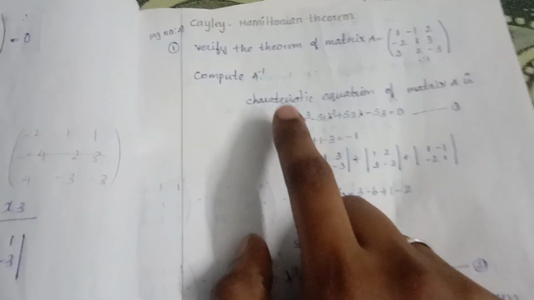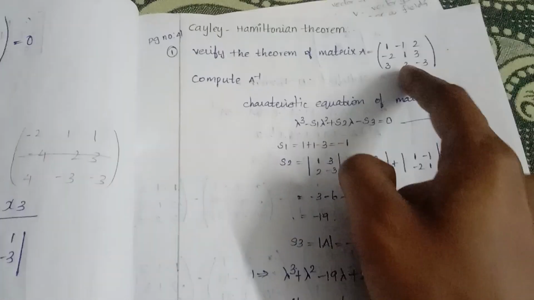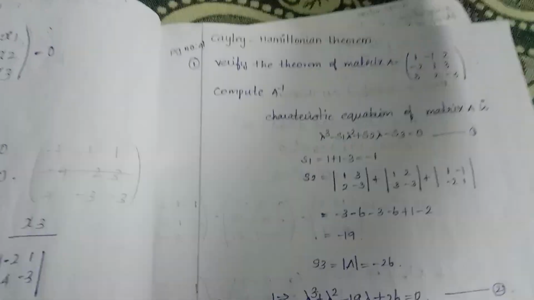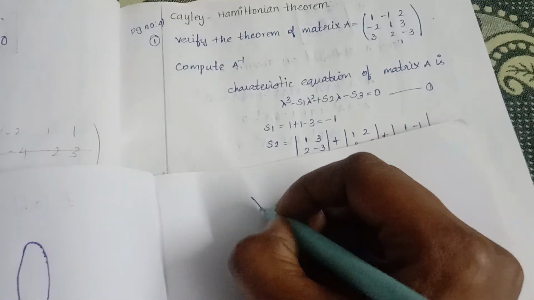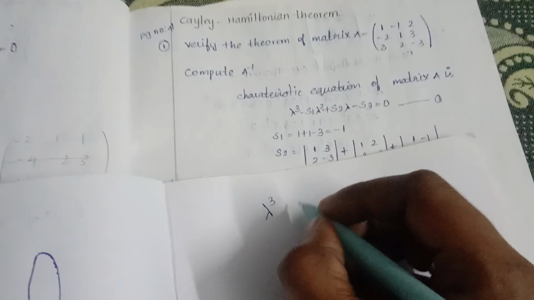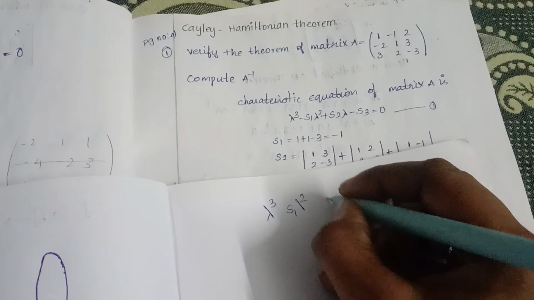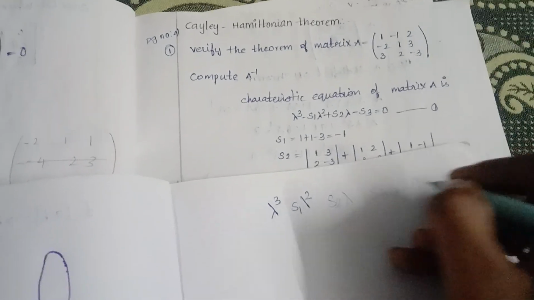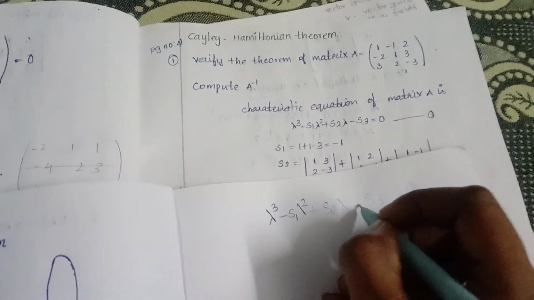See here, this is the easiest way to find the characteristic equation. For a 3 cross 3 matrix, we put lambda cube, s1 lambda square, s2 lambda, s3 equal to 0, with alternating signs: minus, plus and minus.